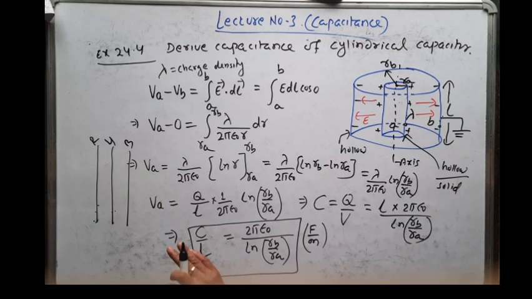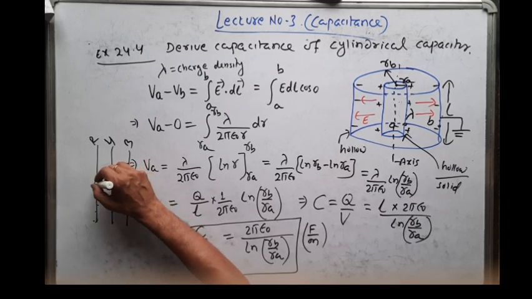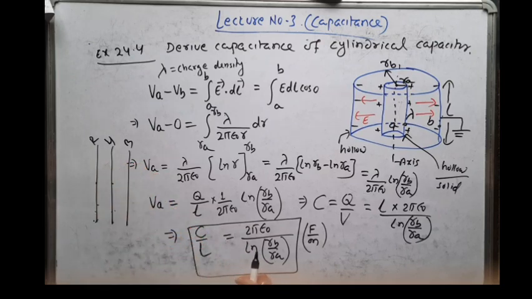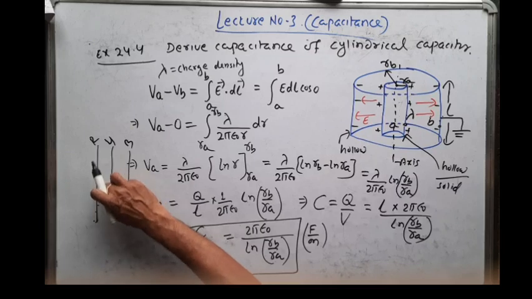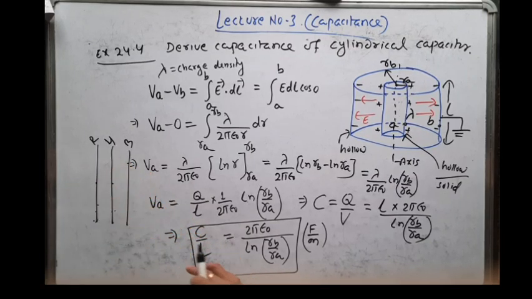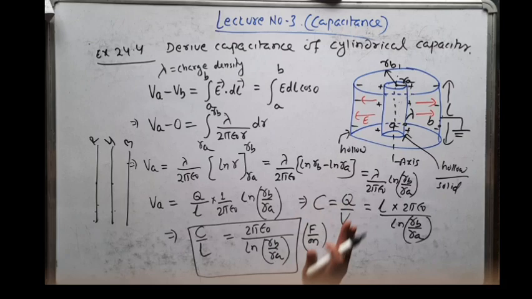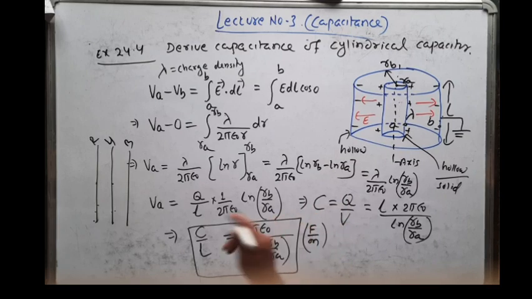We have to design in such a way that the space between these two line conductors must behave as a dielectric medium. If the dielectric is lost, what will happen? There will be leakage current, which will be dangerous. So according to that, we have to design the capacitance of the cylindrical conductor, and according to that, we have to choose the transmission line.